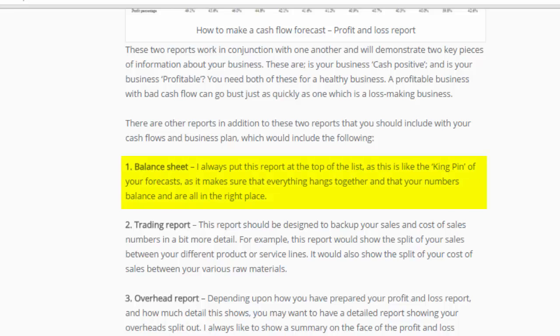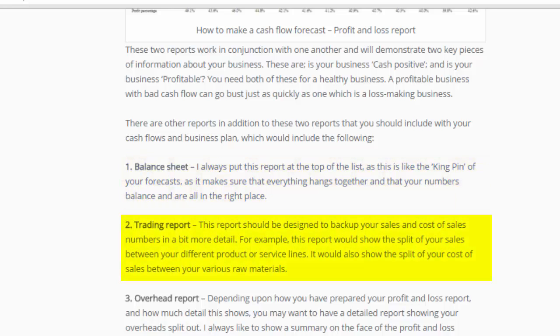I always think it's vital to include a balance sheet, because this is key to making sure that all your numbers work and that everything's in the right place. Because if you can get your balance sheet to balance, you know at the end of the day that your profit and loss is correct and that your cash flow forecasts are correct too.